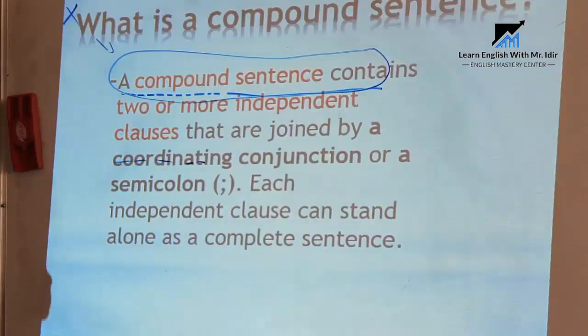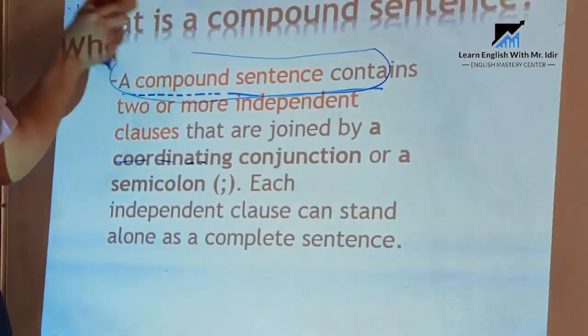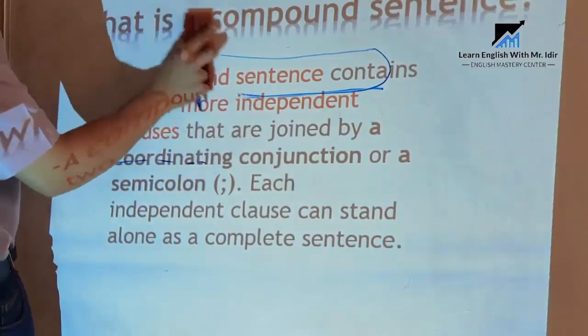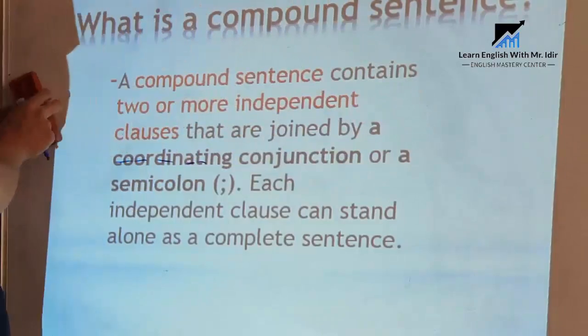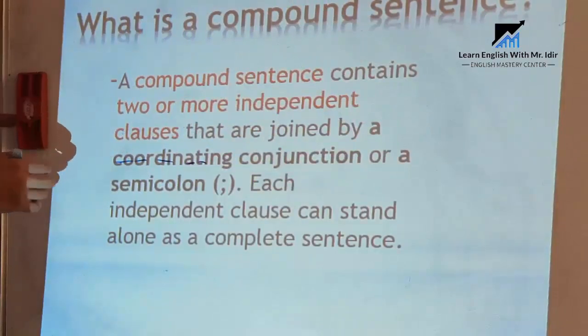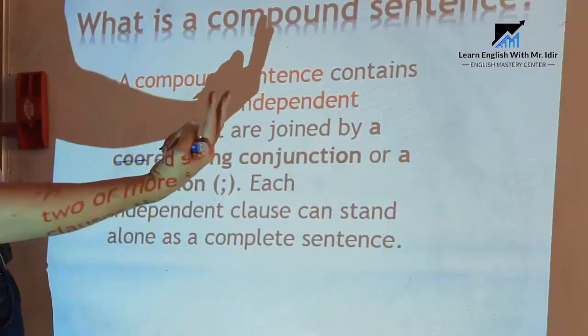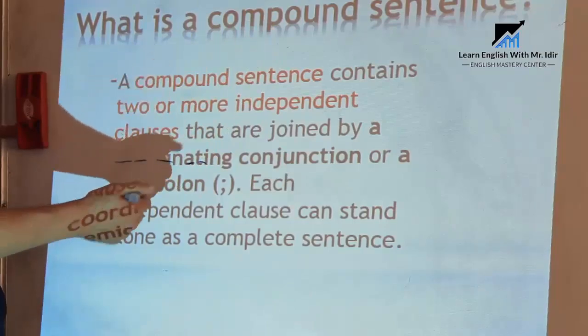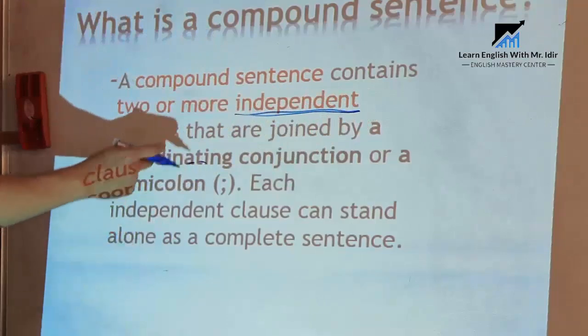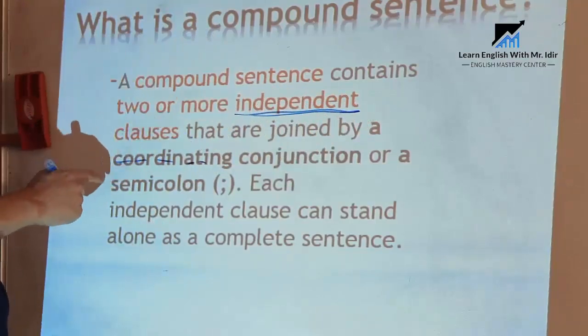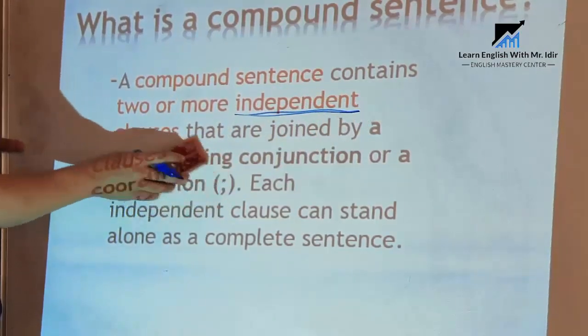So what is a compound sentence? A compound sentence is different from a simple sentence and also different from a complex sentence. A compound sentence contains two or more independent clauses that are joined by a coordinating conjunction.